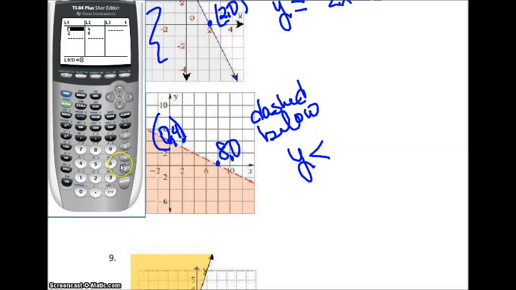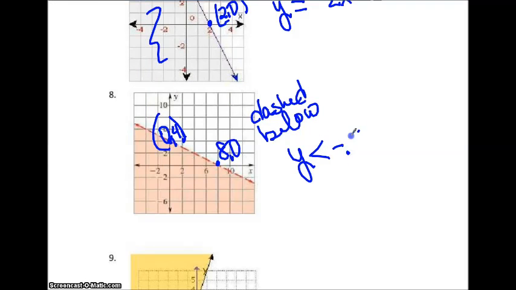We're going to have 4 and 0 for the y values. Stat, calc, 4 for linear regression. Go down to calculate, press enter, and we're going to have -0.5x plus 4. -0.5x plus 4, and that'll be your answer.